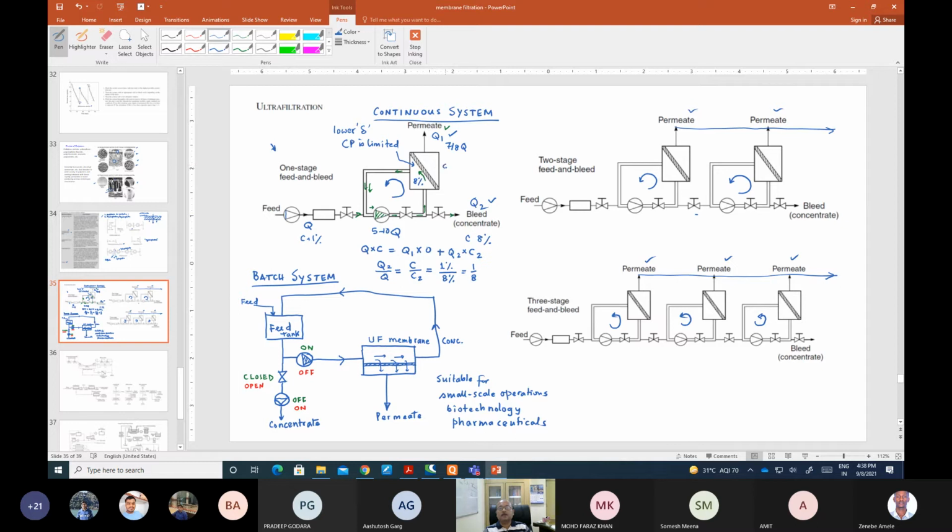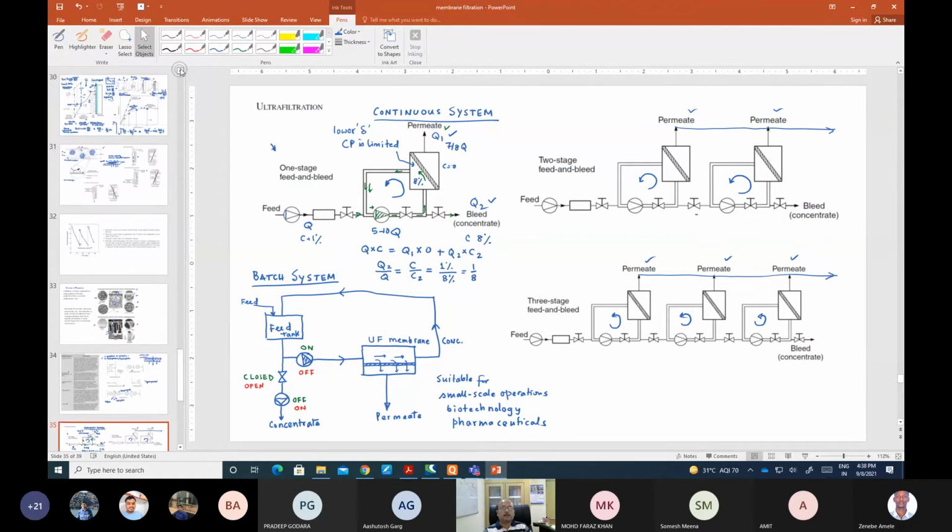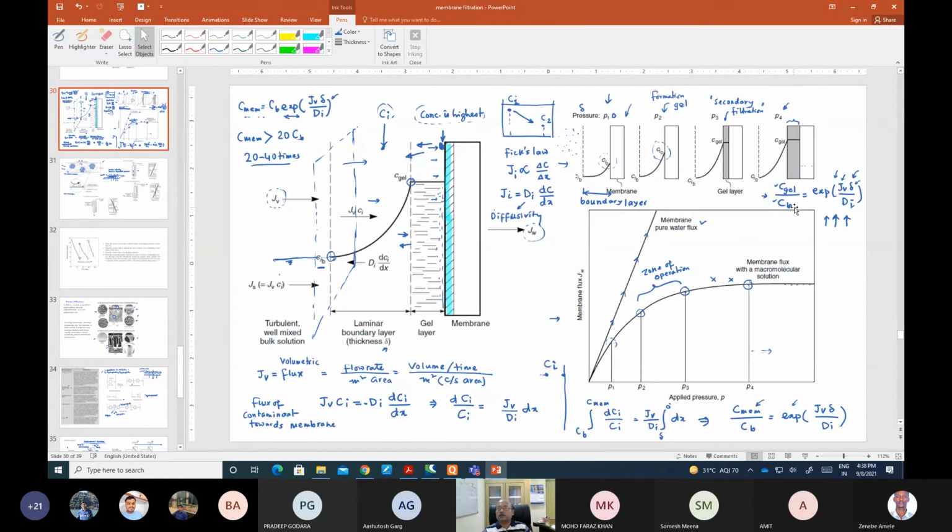There is C equals 0. So the concentration differential is 8% versus 0, right? Now, if you look at this equation, you can understand in this case your C bulk is 8%. So your C gel is going to be pretty high, right?